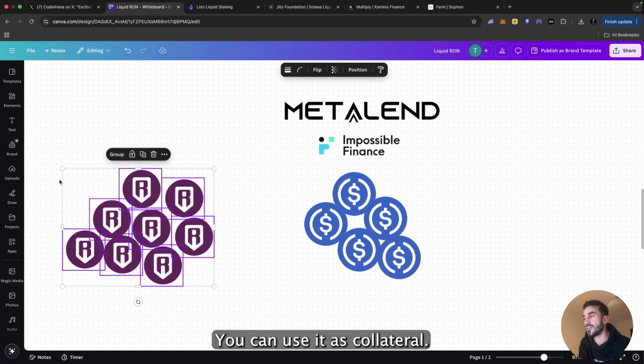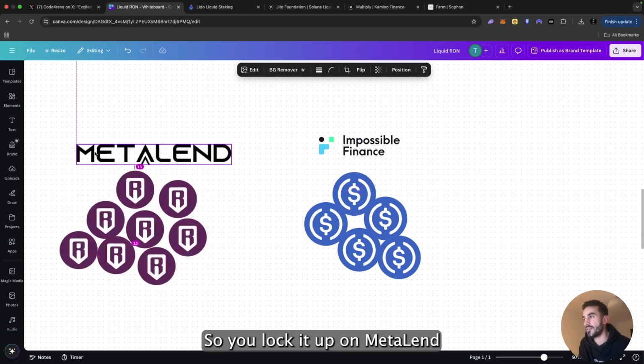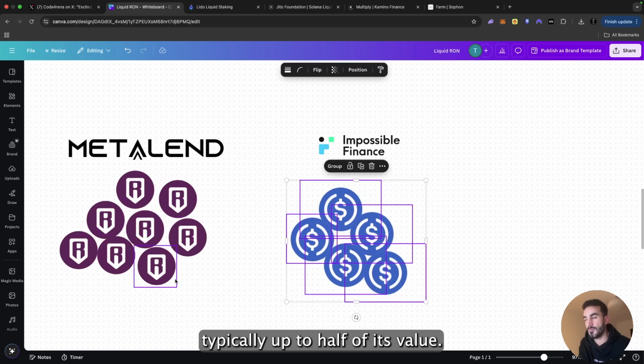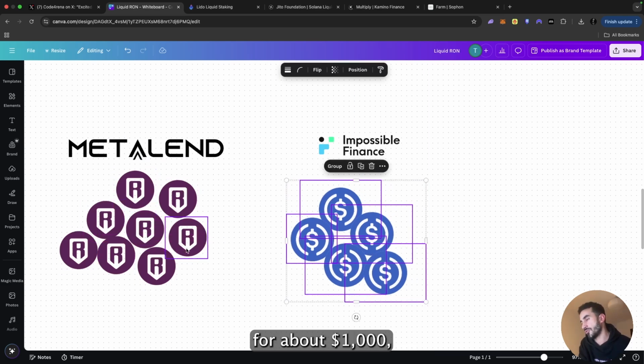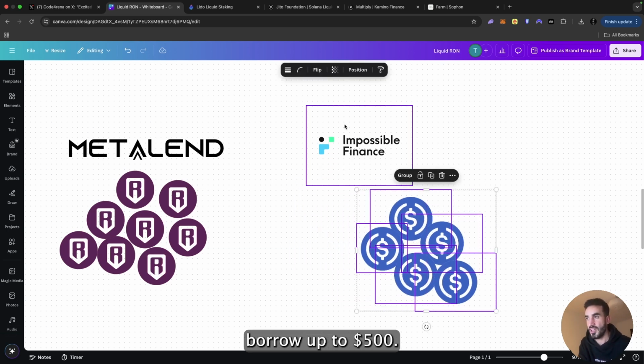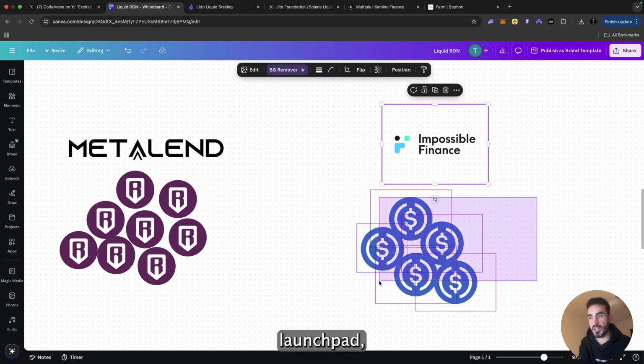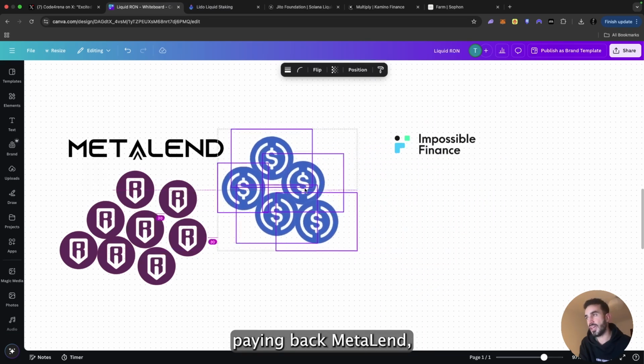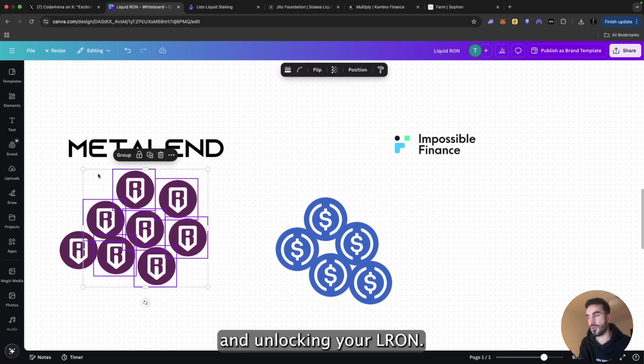You can use it as collateral, so you lock it up on MetaLend, and you can borrow typically up to half of its value. So if all your LRON totals to about $1,000, you would be able to borrow up to $500. Maybe you'll be joining an Impossible Fi launchpad, getting some of the tokens, getting your ROI, paying back MetaLend, and unlocking your LRON.